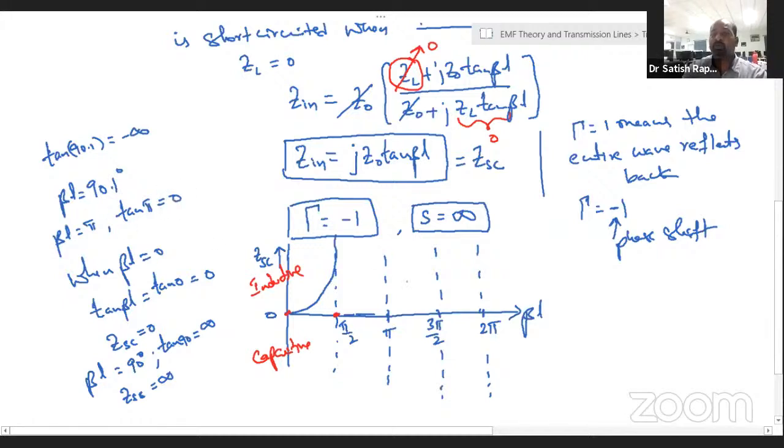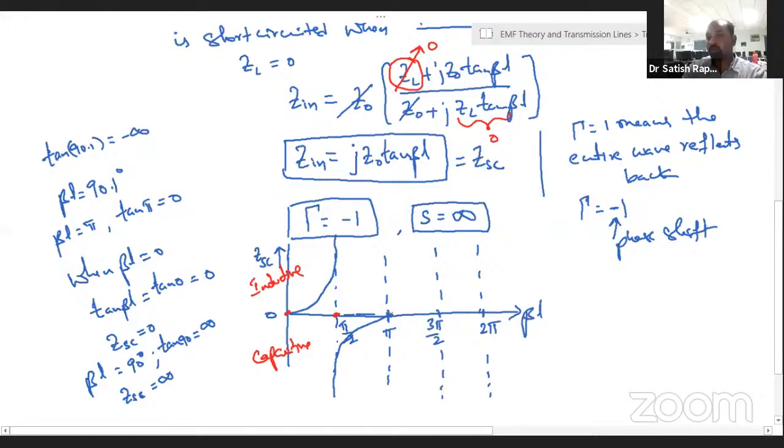So the variation will be like this: immediately after 90 degrees it is minus infinite, and when beta L is equal to pi, it is 0. So between 0 and pi by 2 it is inductive, and between 90 degrees and 180 degrees the input impedance of a short circuited transmission line is capacitive.